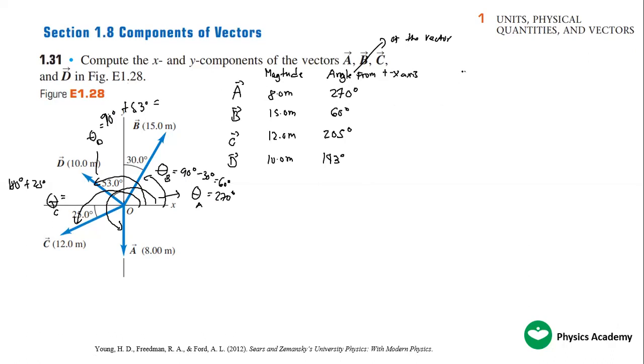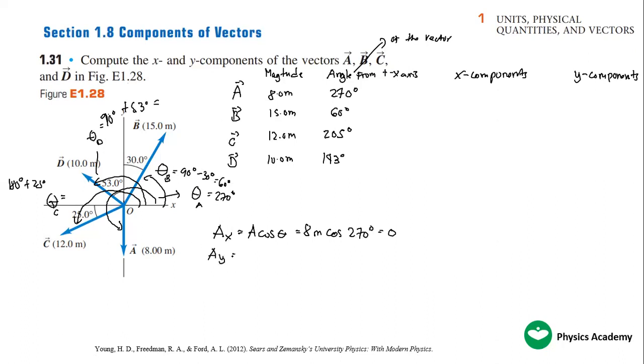Then you can list all the x components and the y components of these vectors. To find the x component, Ax is A cosine of theta, which is 8 meters cosine of 270 degrees, which is 0, because cosine of 270 is 0.